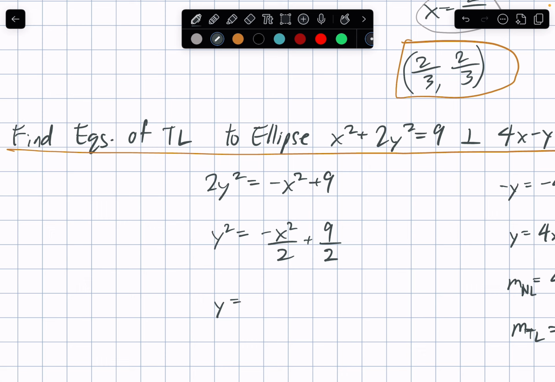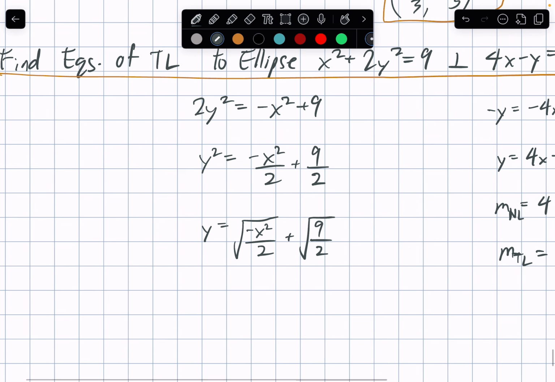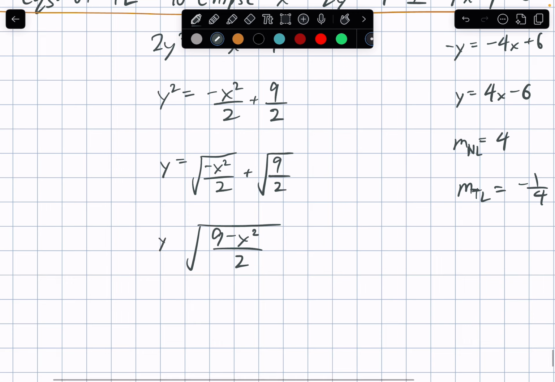Square root both sides. We could merge these two. Same LCD. And I think we can also rationalize.